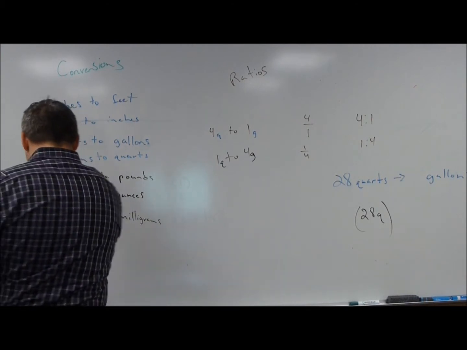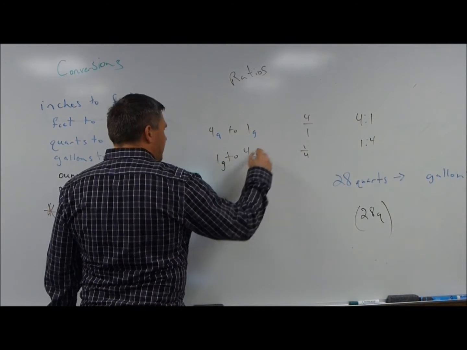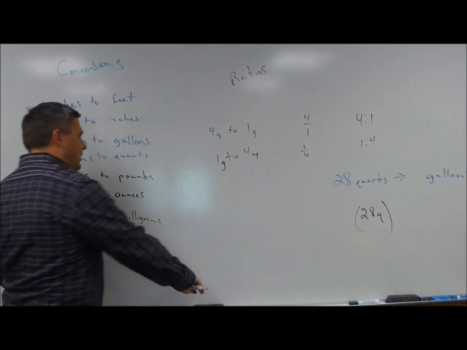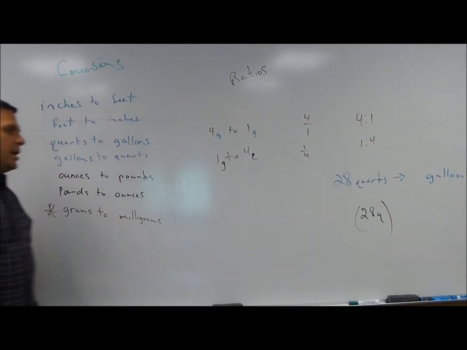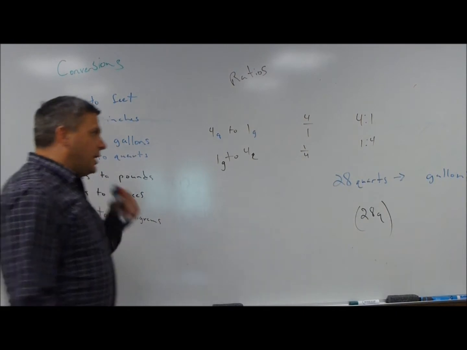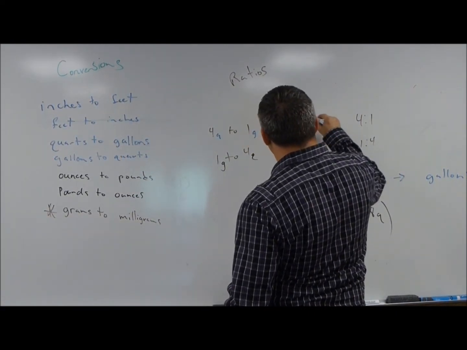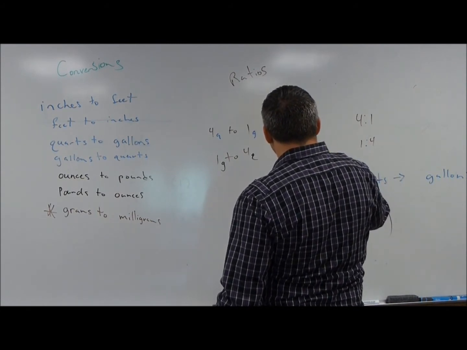No. Why did I do that? There's 1 gallon to 4 quarts. I just put another 4 here. To 4 quarts. So I want a ratio that's going to give me 4 quarts to a gallon, or 1 gallon to 4 quarts.